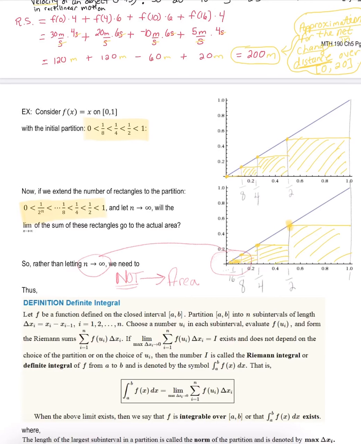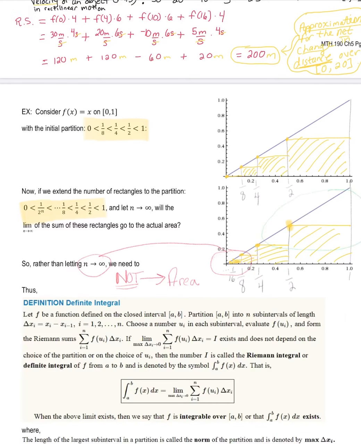So rather than letting the number of rectangles go to infinity, instead what we need to do with this more general definition would have really been to, if we were talking about this in class, I'd say, if fixing this end of things didn't help, where did I need to address? So I really needed to address the error in the beginning here.